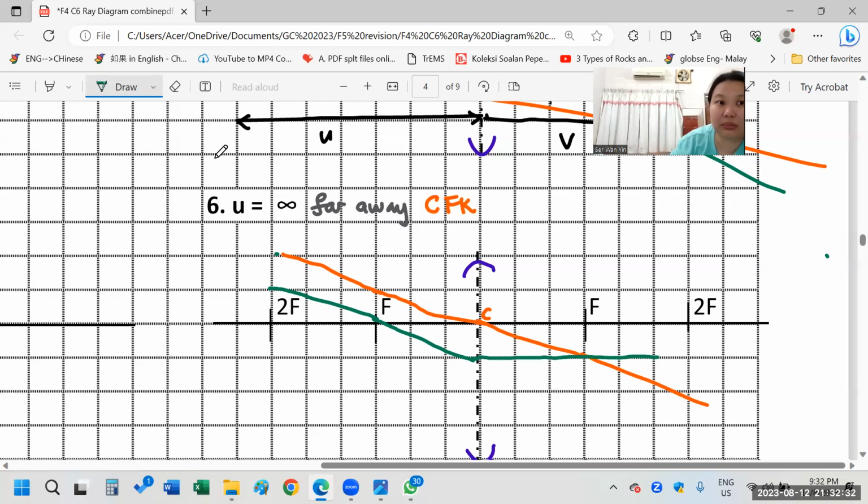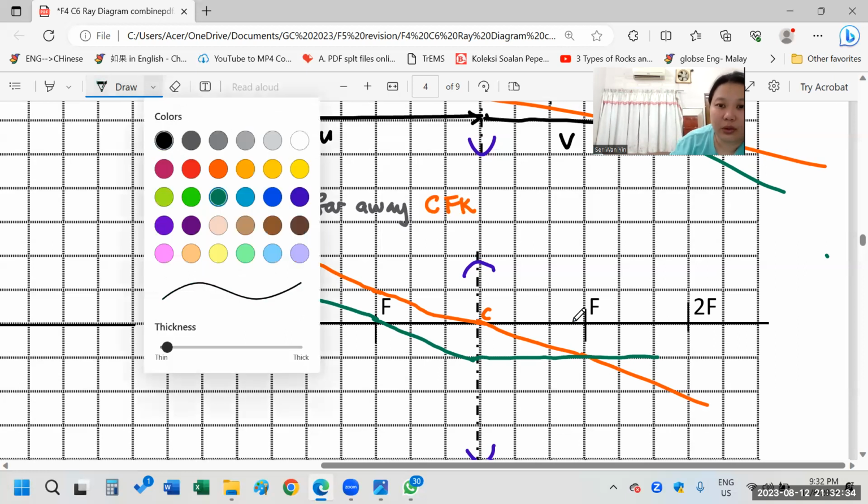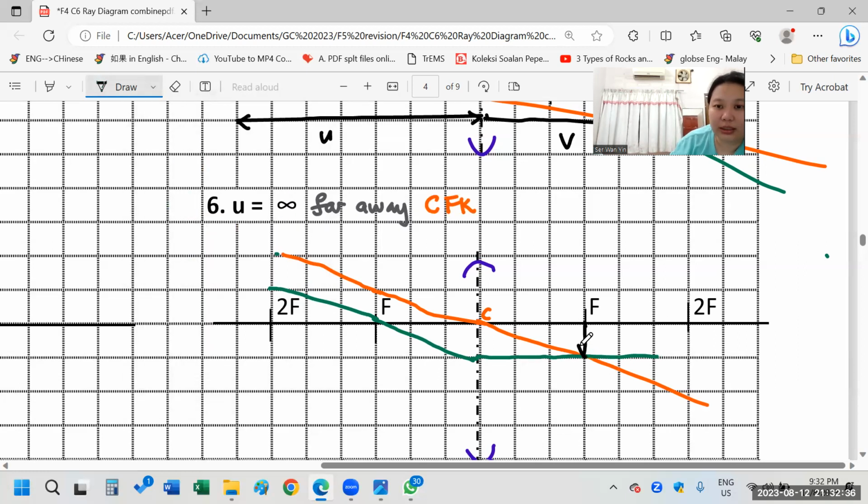So you will see the image form on the F. After the lens, this is lens, after the lens become K. K means parallel to the principal axis. Then the image forms on the intersection of the orange and green lines.